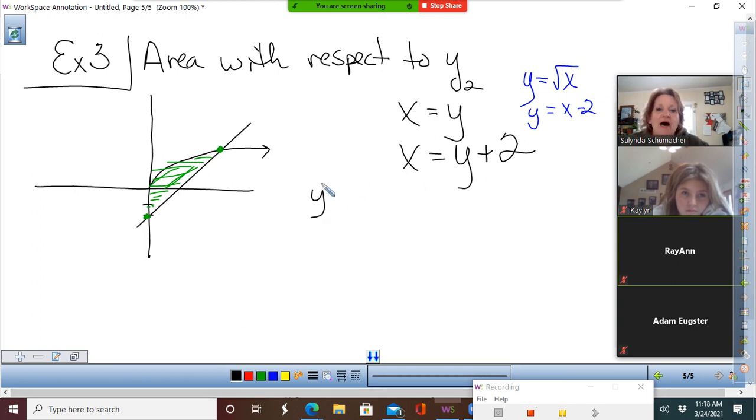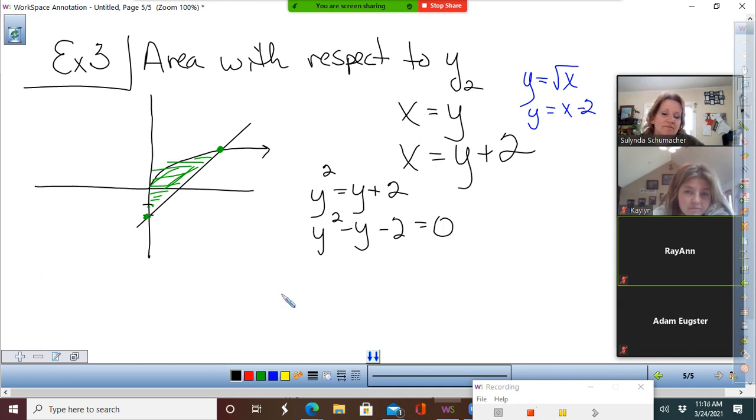So I have y squared equals y plus 2. Moving it over, y squared minus y minus 2 equals 0. -2 on top, -1 on the bottom. I think we've done this one a couple times.